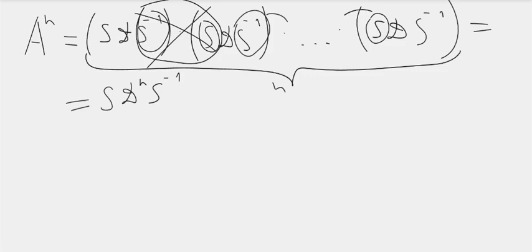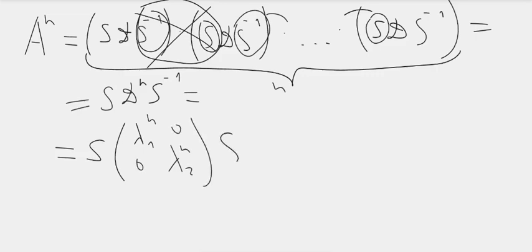Right, so here we know all the matrices already, and D to the power n would be equal to S, then lambda 1 to the power n, lambda 2 to the power n, 0, 0, then S to the power minus 1.